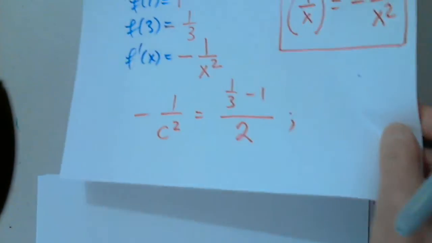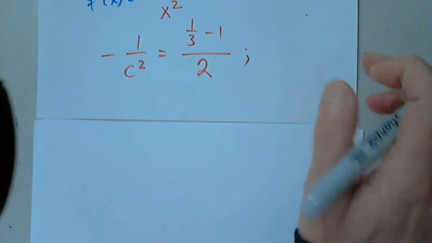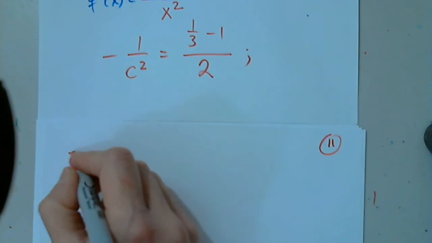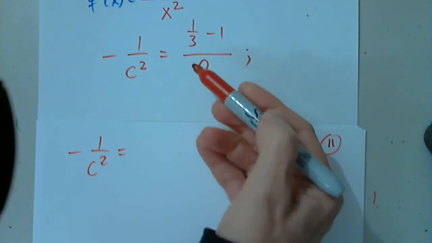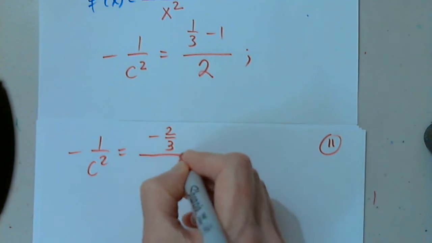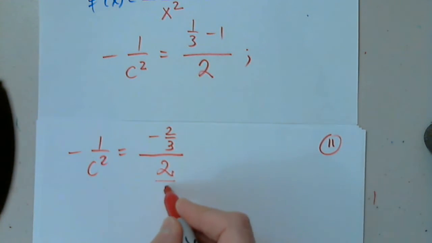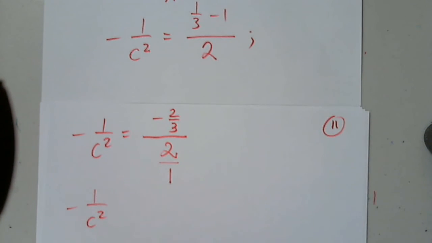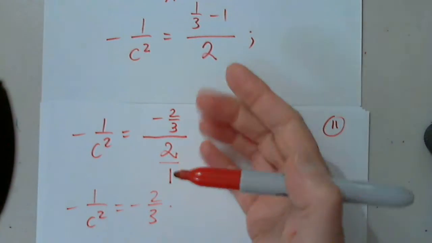The left-hand side is negative 1 over c squared. 1/3 minus 1 is negative 2/3 over 2, which is over 1. So negative 1 over c squared is negative 2/3 times 1 over 2.